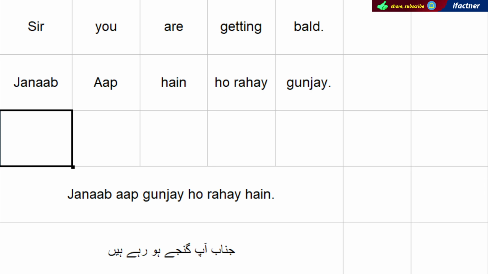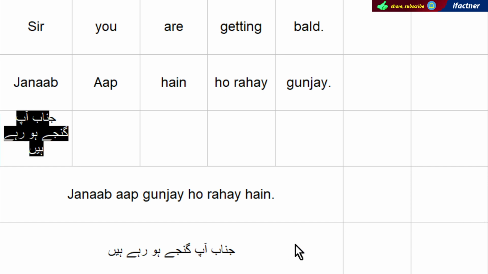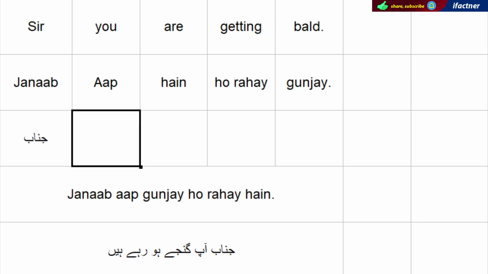Now let's translate Sir, which is Janab in Urdu, and we write Janab as Jim Noon Alif Be. Aap is Alif Mada Pe Sakin, which is equivalent to you in English.